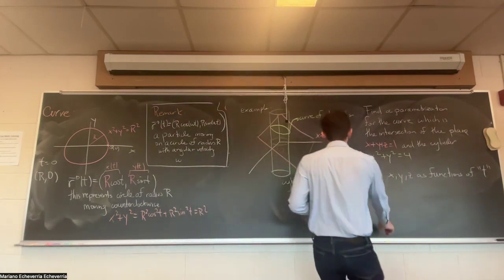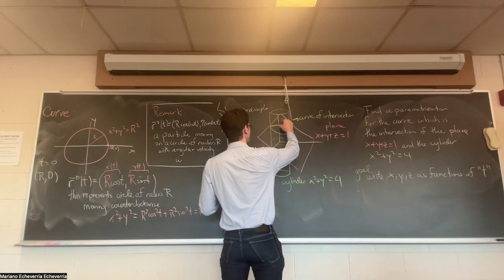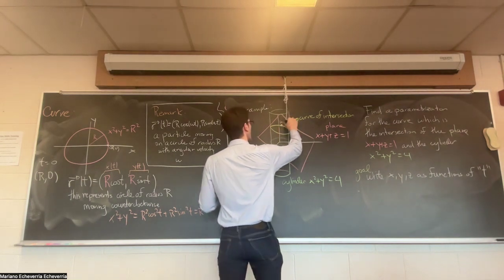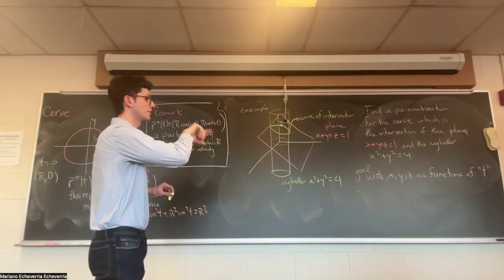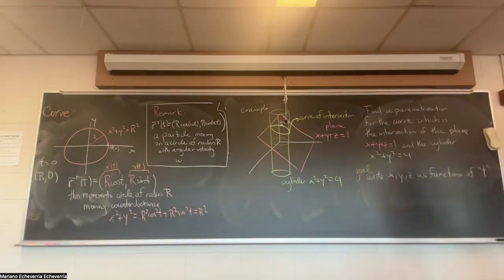By x, y, z, I mean a point on the curve. Just imagine that you have a point on this curve, x, y, z, and you want to write that as a function of time, because then that would give you the position of a particle on that curve as a function of time.